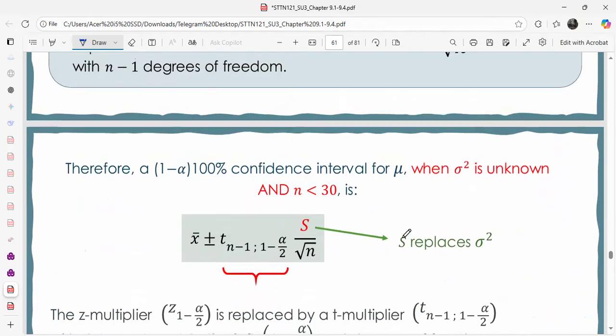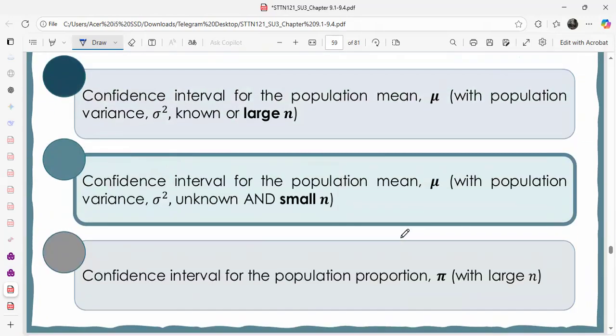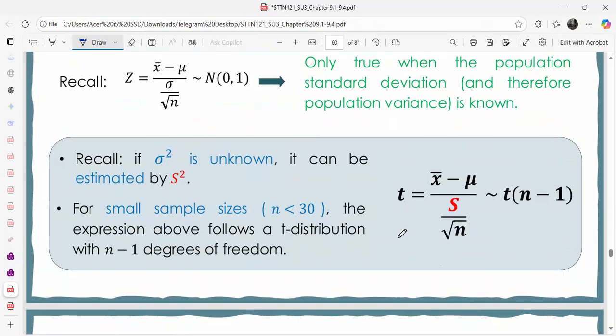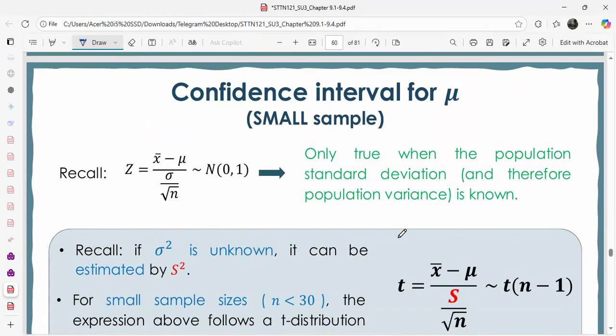Let's check something here. Even on this one, if you check the two formulas, the one is for z, the other one is for t.